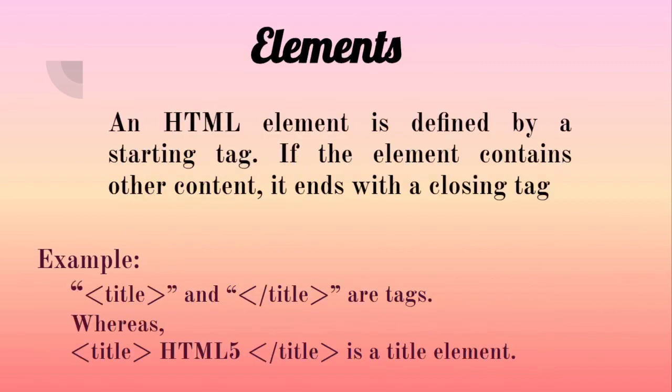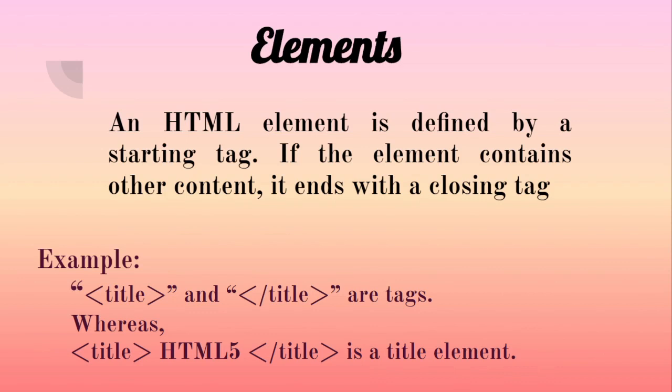Now elements. An HTML element is an individual component of an HTML document that represents semantics or meaning to it. We can say they represent parts of the document, such as headings and paragraphs. A simple HTML element is made up of an opening tag, a closing tag, and some content, meaning text, images, etc., between the two.